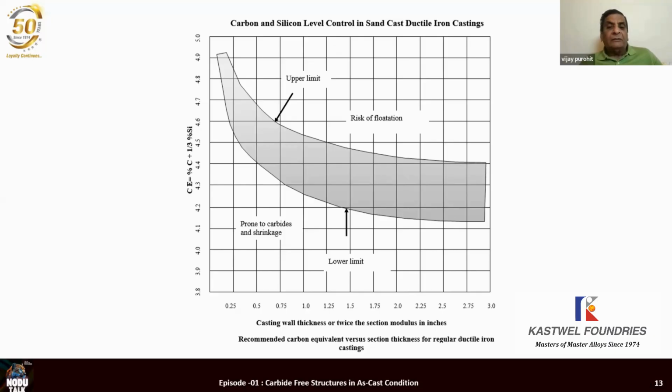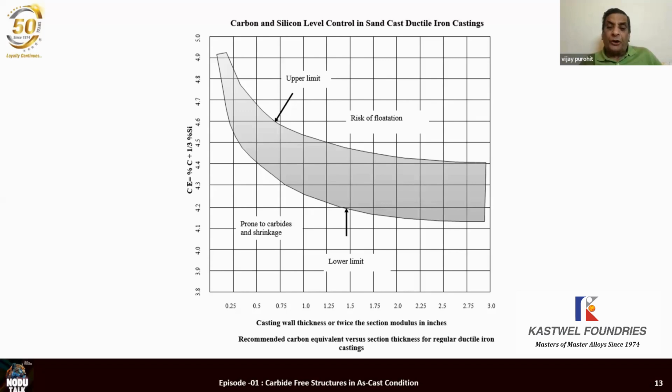Look at the lower line, the lower limit. As the section size increases, the carbon equivalent value decreases. But if you go below the lower limit, your castings are prone to carbide formation and shrinkage tendency. And one of the most important reasons for the shrinkage tendency is the cast iron joints.